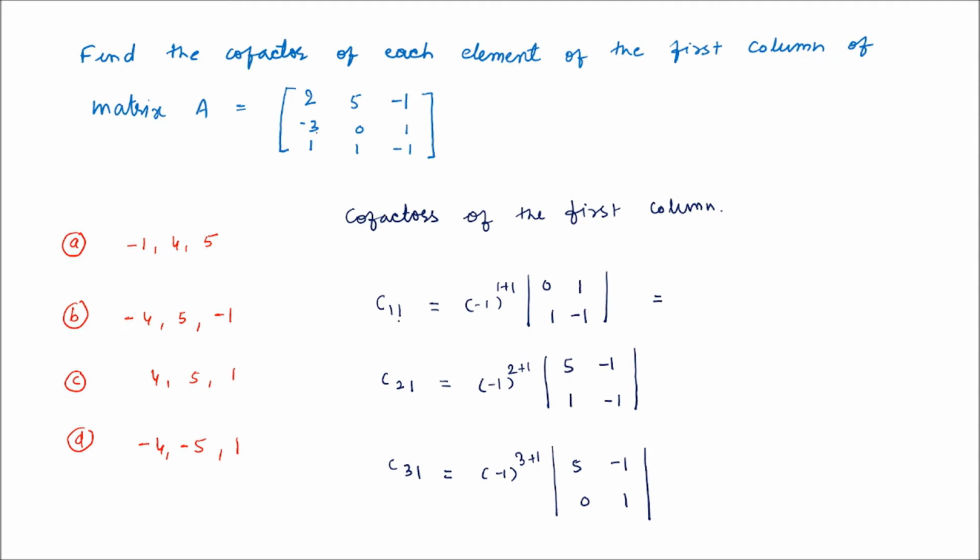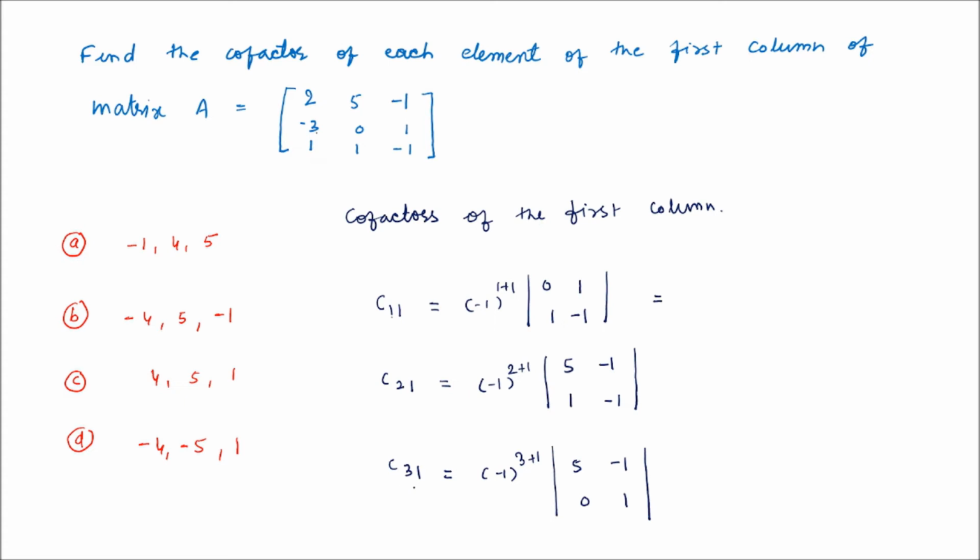So what is the cofactor here? Minus 1 raised to 1 plus 1 into the determinant obtained by deleting first row and first column, that is 0, 1, minus 1, minus 1. C21: deleting second row and first column, 5, minus 1, 1, minus 1.